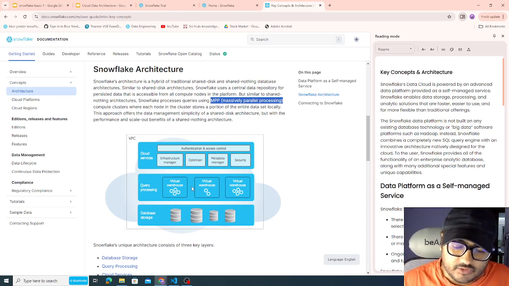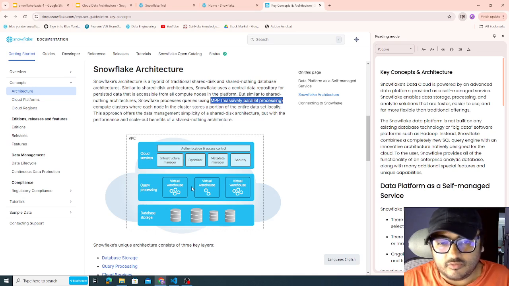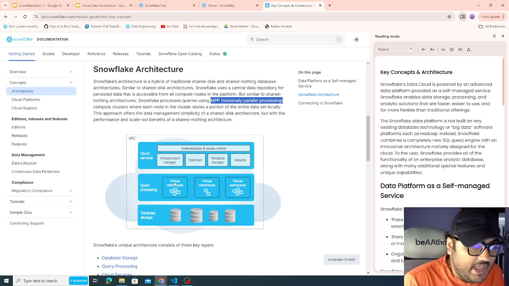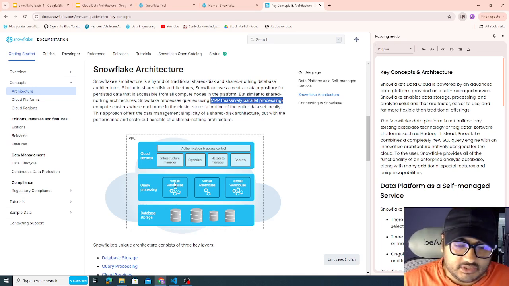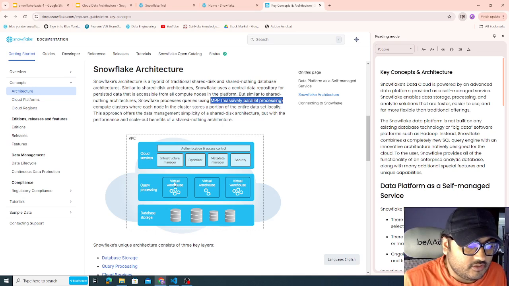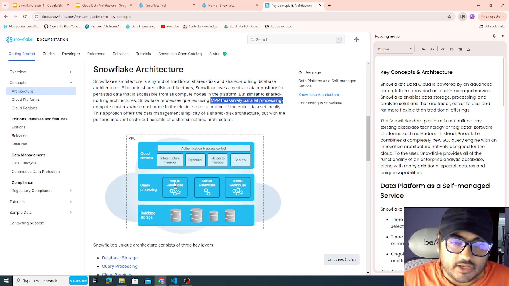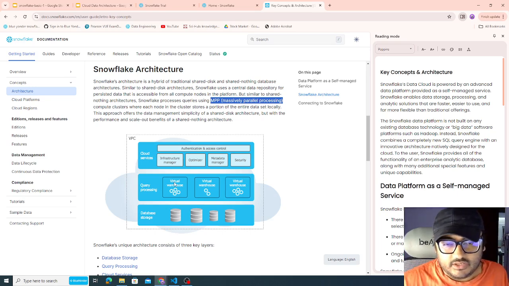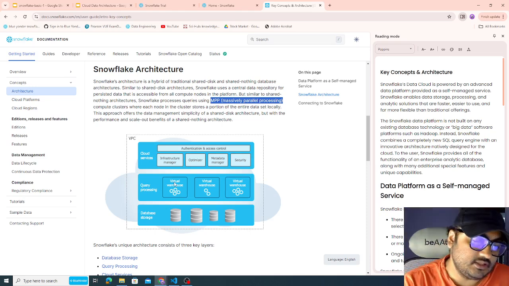When you run a query in Snowflake, these virtual warehouses are the machines that do the processing. You can spin up as many virtual warehouses as needed, and you can also adjust the sizes on a single click.